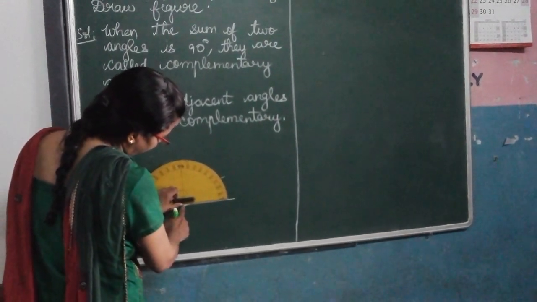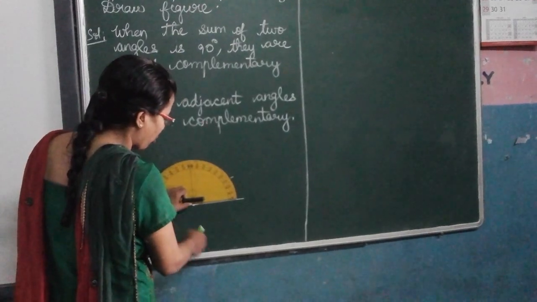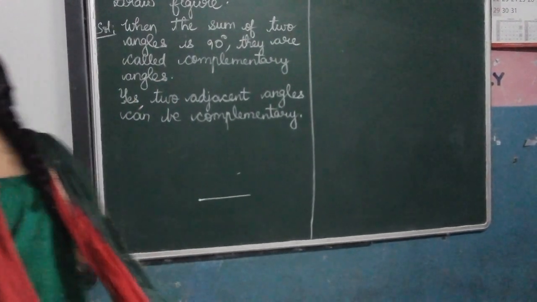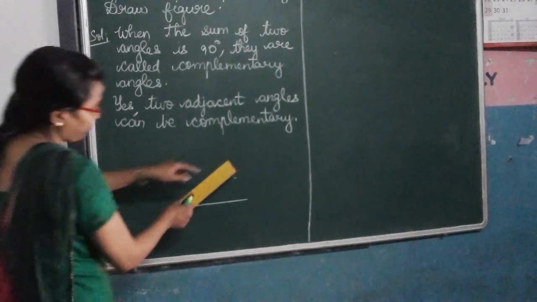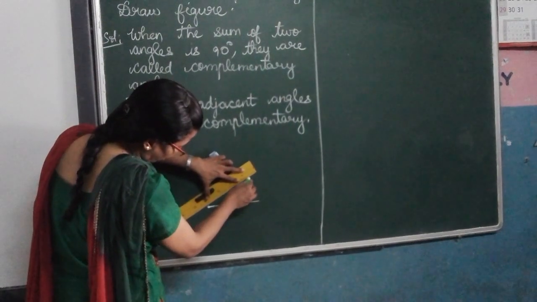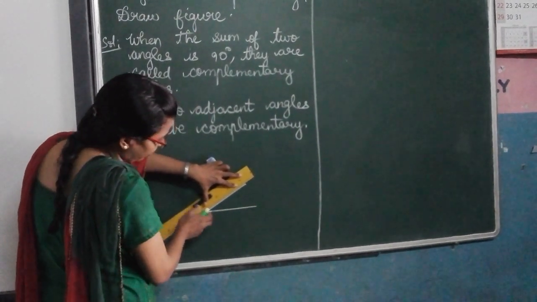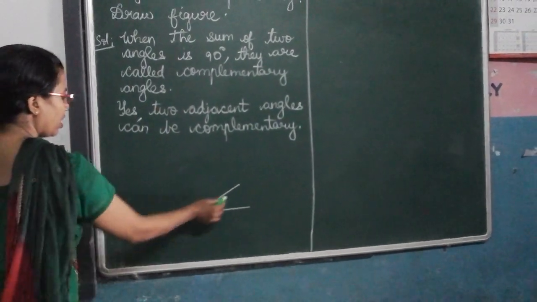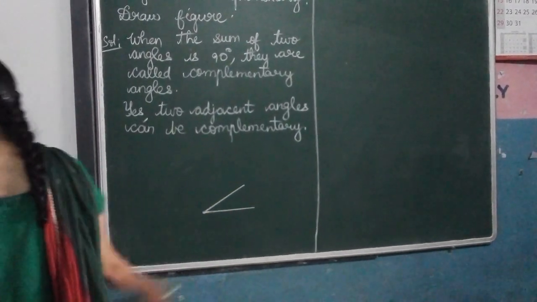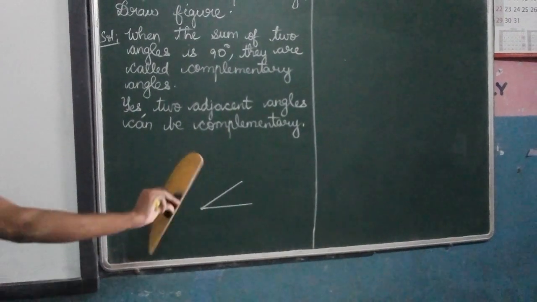See that the vertex is matching the center of the protractor, and then you mark 30 degrees. Now, use your scale and join both of them. Now, this baseline is changed to this one. Now, rotate the protractor.